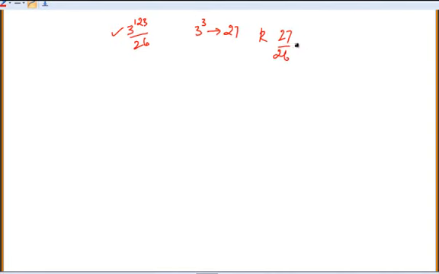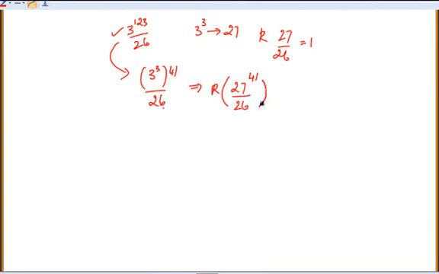Our remainder is equal to 1. So in effect, this becomes the remainder of 3 cube, the whole power 41, by 26. That is the remainder of 27 raised to 41 by 26.